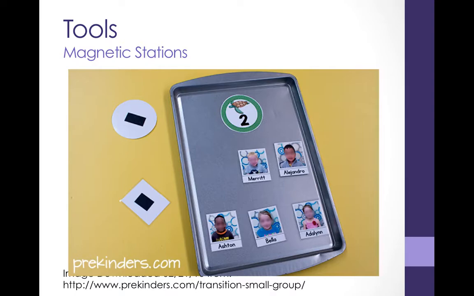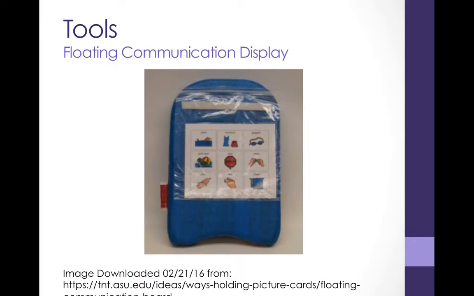It can be easier to remove than Velcro, although depending on how strong the magnets are, you want to make sure they're strong enough to hold the pictures up so they don't slide down, but not so strong that you can't move them, like a rare earth magnet or something.